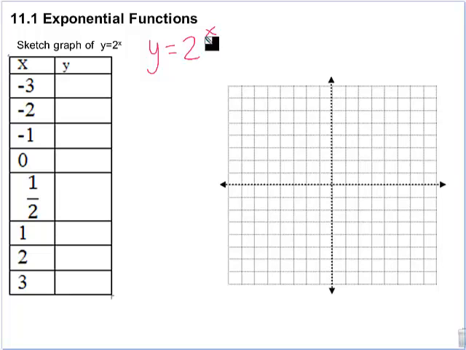So if your x is 3, so if you take 2 to the third power, what do we have? Yeah, 2 to the third is 8. Here, 2 to the second power, or 2 squared. What's 2 squared? 4. 2 to the first power would just be 2, right?